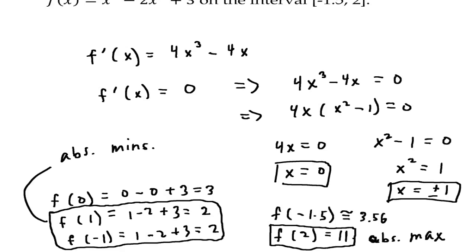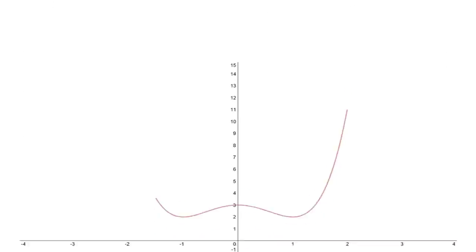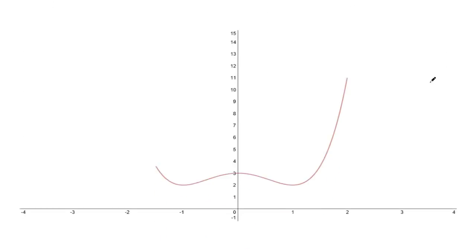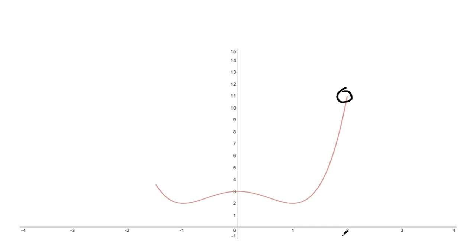Okay, let's look at the graph of f. From -1.5 to 2, we see that the maximum occurs here, at x equals 2, and the maximum value is 11.